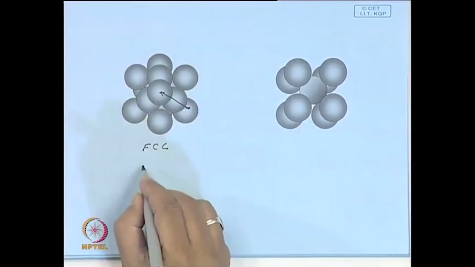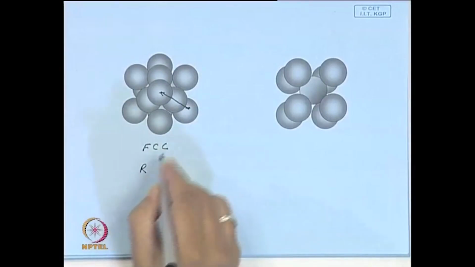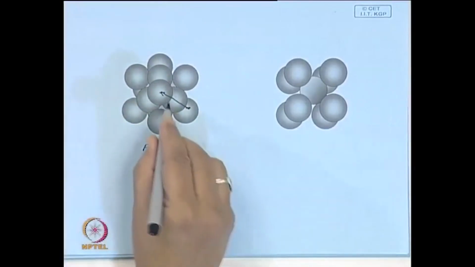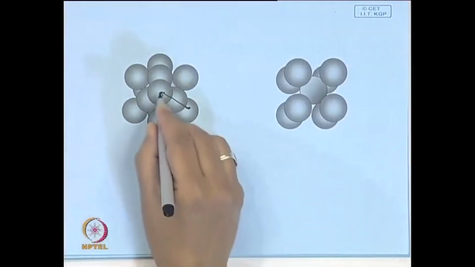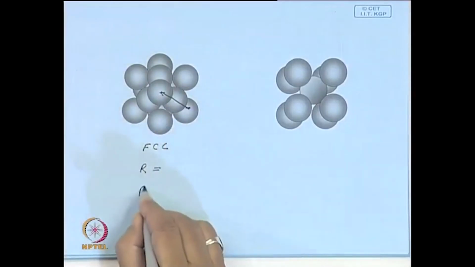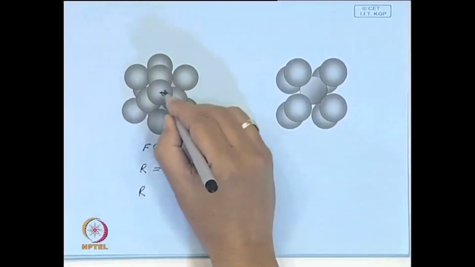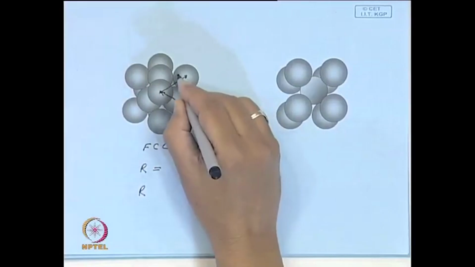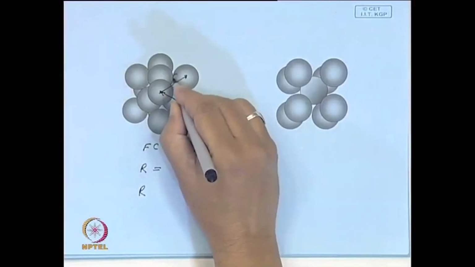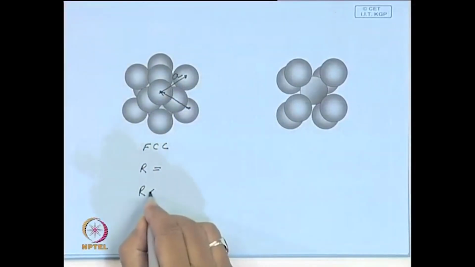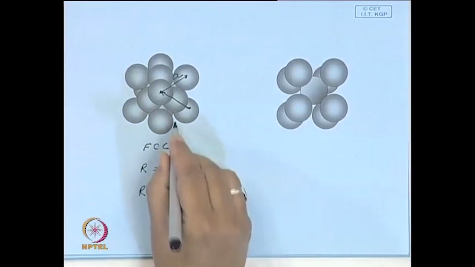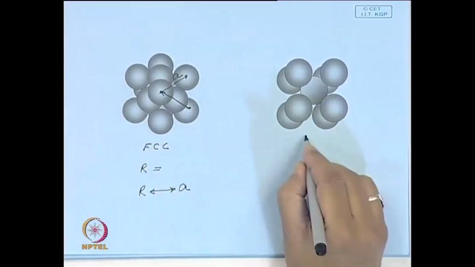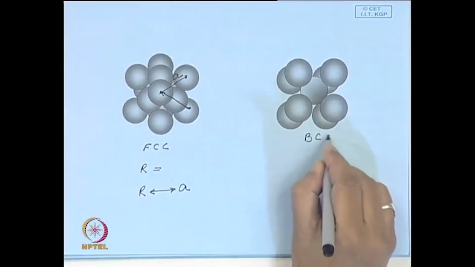So, if you assume the radius of the atom to be r, try and find the relationship between r and the lattice parameter a. What is the relationship between the atom radius and a for FCC? Try to find this for BCC as well.